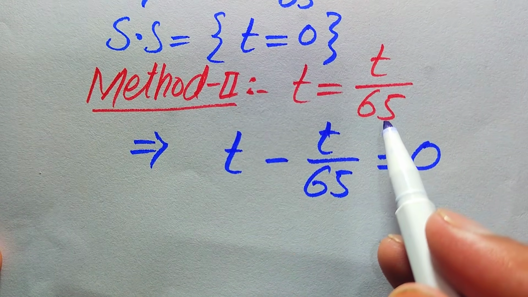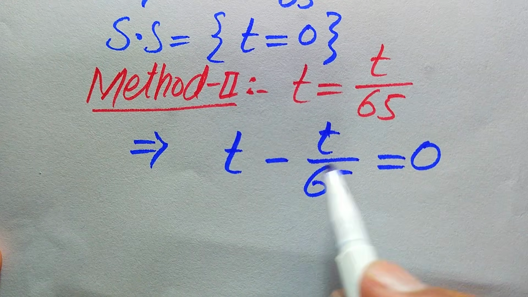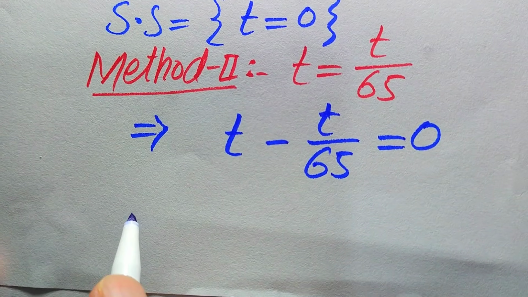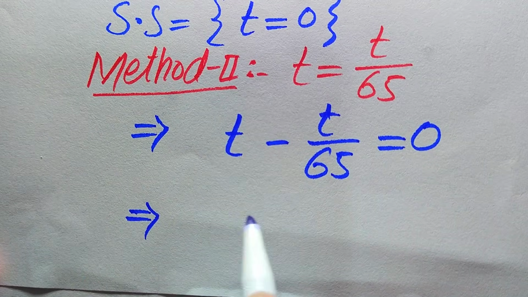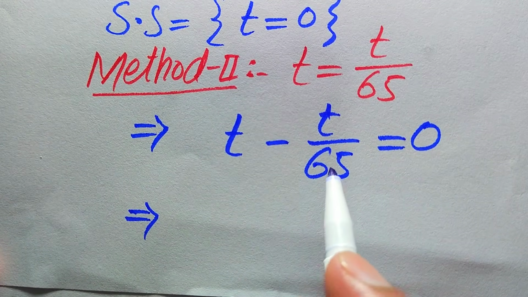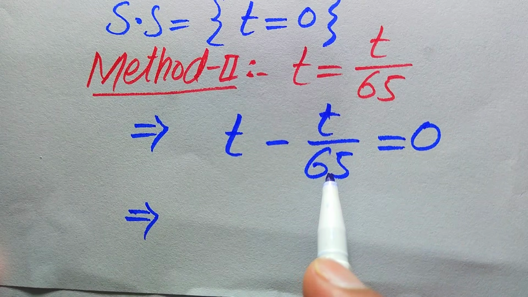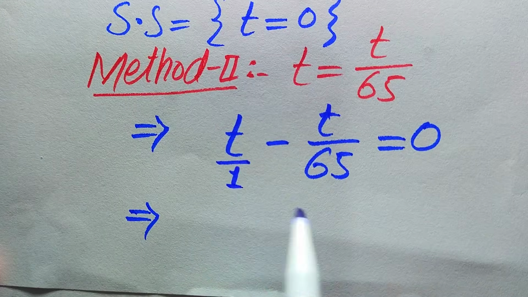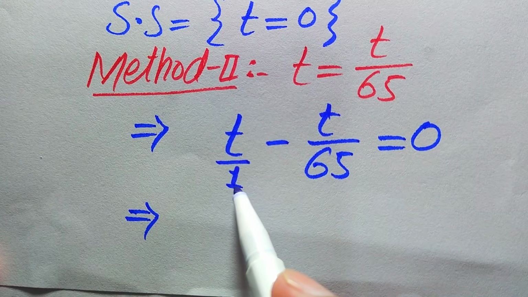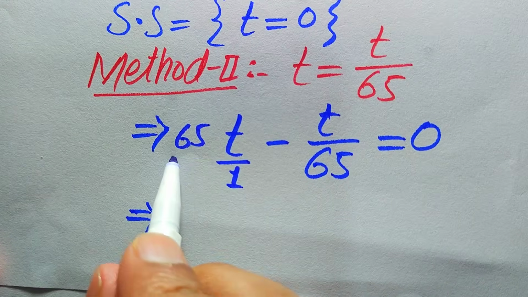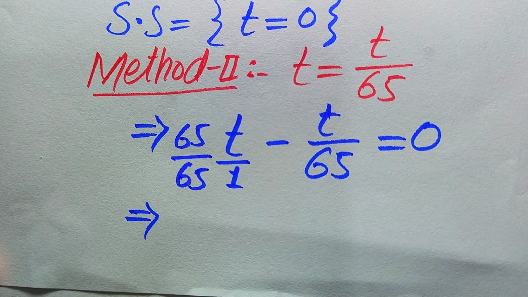You see that this was a positive term, and when we move it to the left hand side, it becomes negative. Now in order to take the LCM of these terms, we need to make the denominators of both terms the same. The denominator of this term is 65 and the denominator of this term is 1. So in order to make the denominator of this term also 65, we multiply and divide this term by 65.